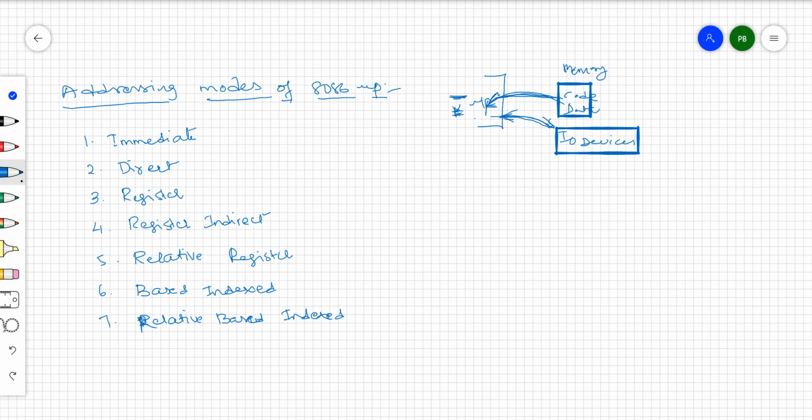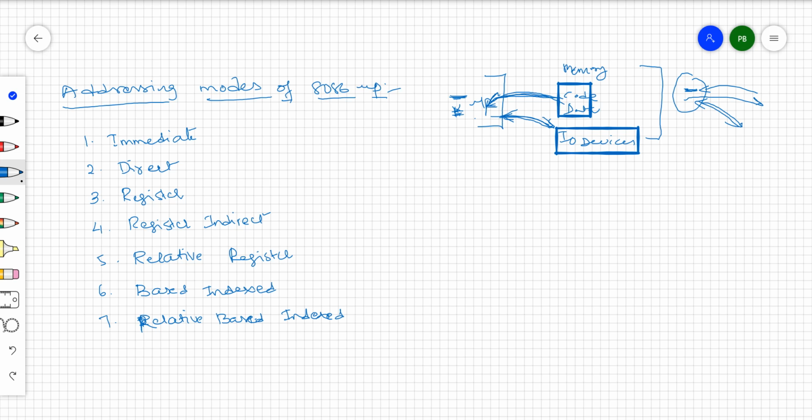From this, what you understand is that the processor always executes the program by taking data from the memory or from the input device, performing some operation, and then we get some result. That result is stored in the memory, or it is output to the output device. This is what takes place.